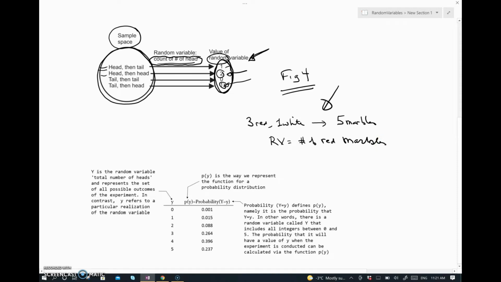So what I want to think about is this idea of P(Y). This is the probability distribution.